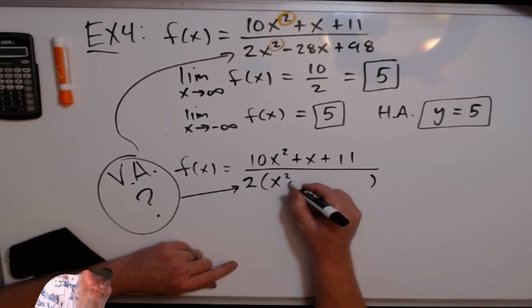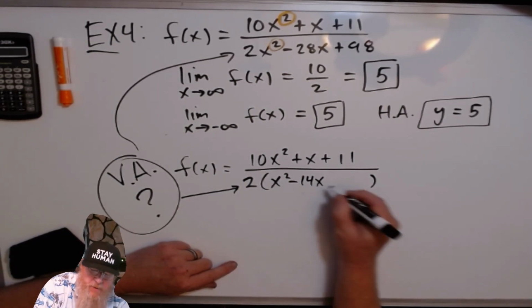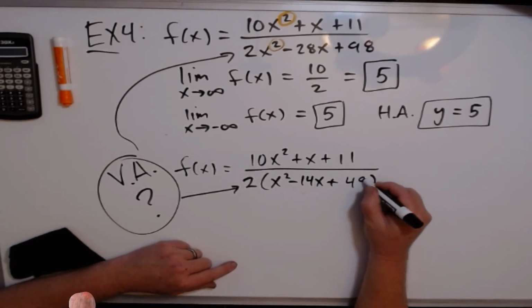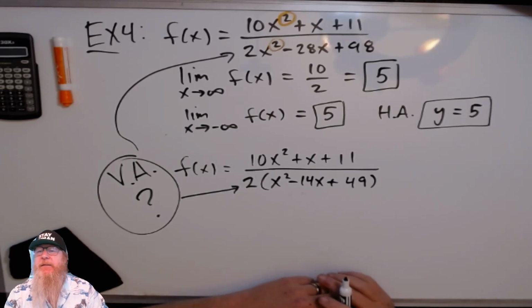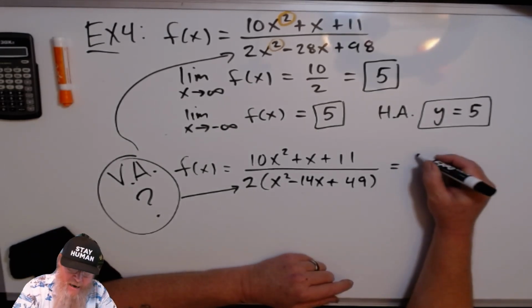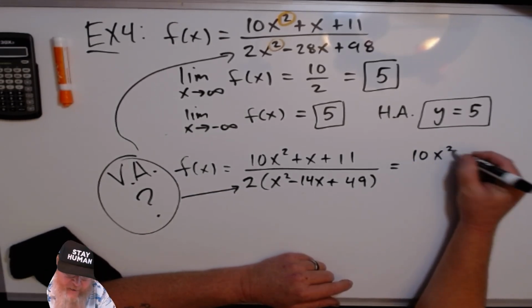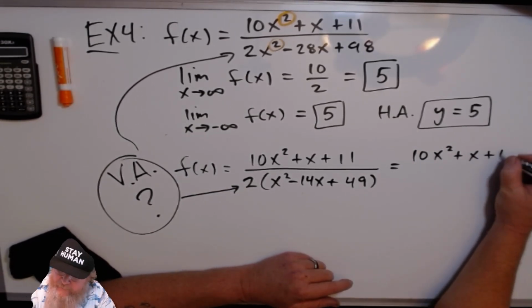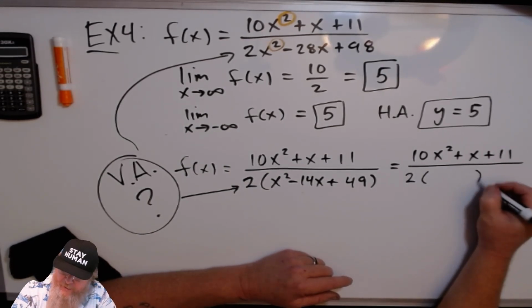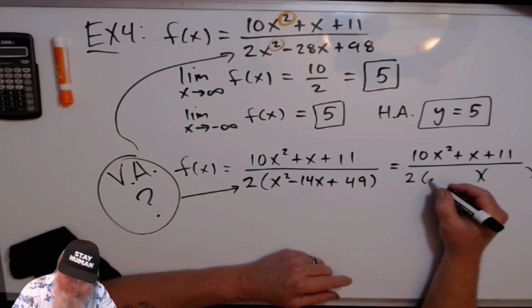I want to find the number or numbers that make the denominator 0. I'm not really worried about the numerator yet. I'll get to that later.